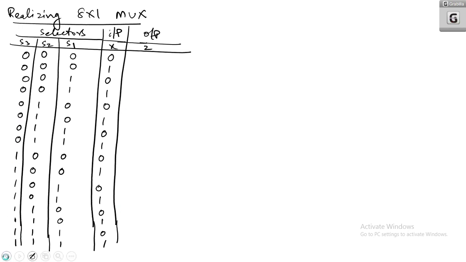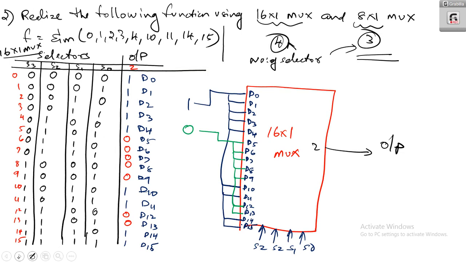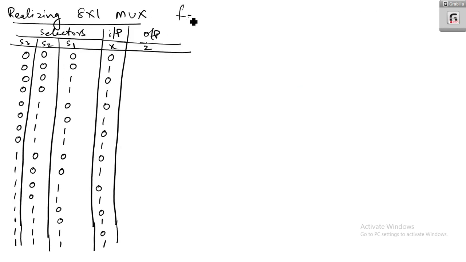So what is the function I have? F is equal to sigma m of 0, 1, 2, 3, 4, 10, 11, 14 and 15. This is the function which I am having.